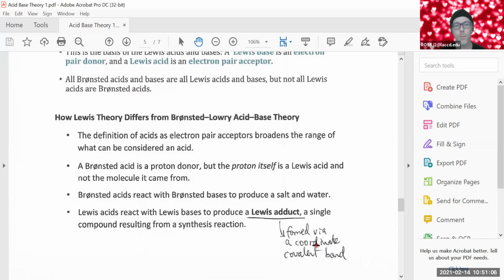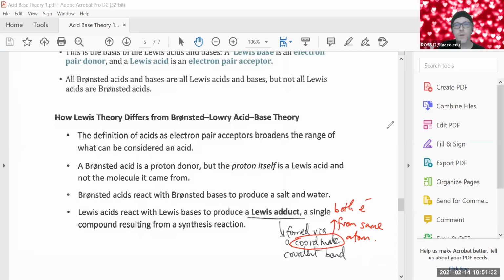So again, coordinate means they both come from the same source. Both electrons from the same atom, from the donor.